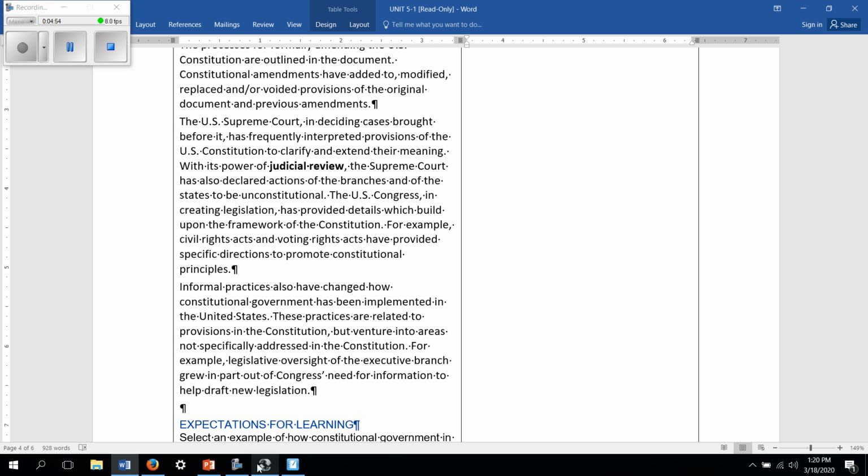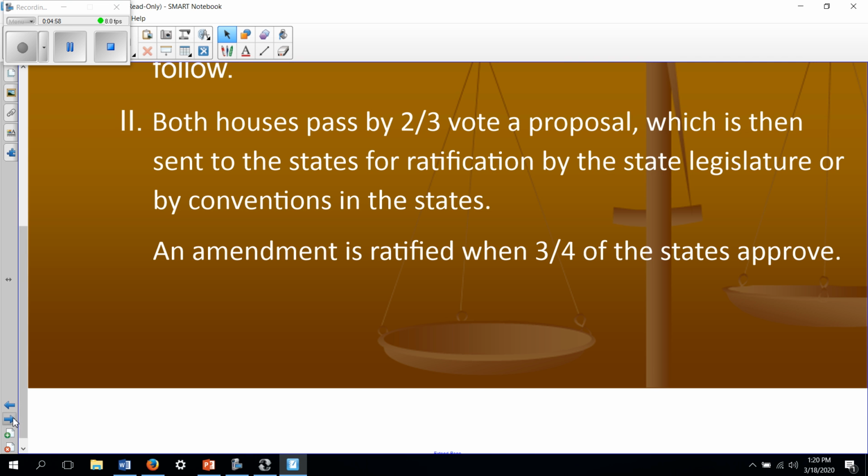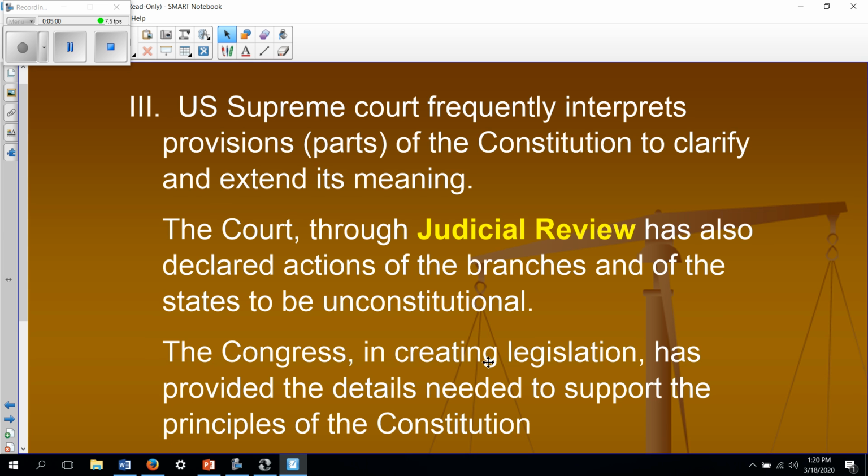Now for your notes, what I would like for you to do is note this: the U.S. Supreme Court frequently interprets provisions, parts of the Constitution, to clarify and extend its meaning, okay? Those are the acts, like the Civil Rights Act of 1964, as well as amendments.